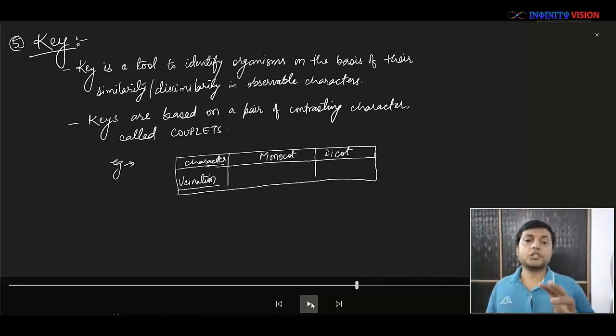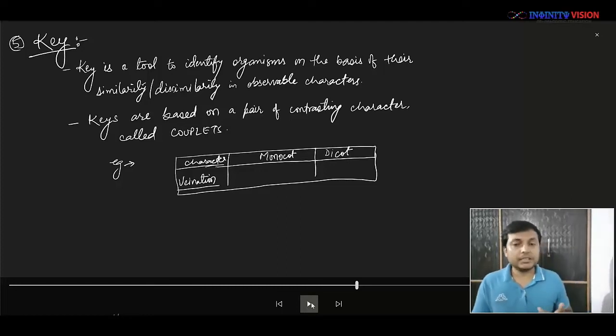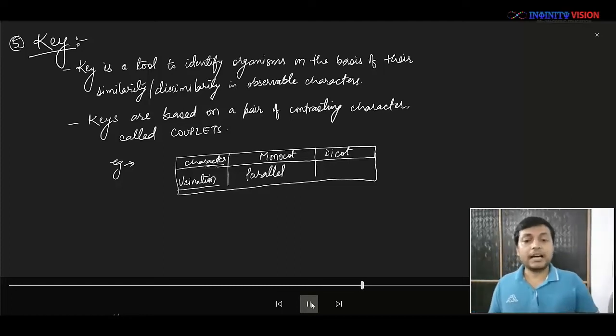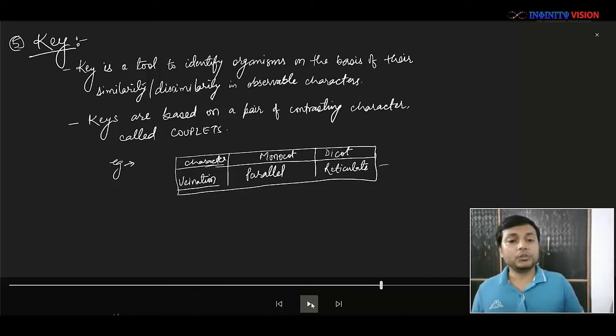Just to let you know what venation is, if you look at a leaf, you see that there are veins. How these veins are arranged in a particular leaf is called venation. Mainly we see that the venation can either be parallel or reticulate.